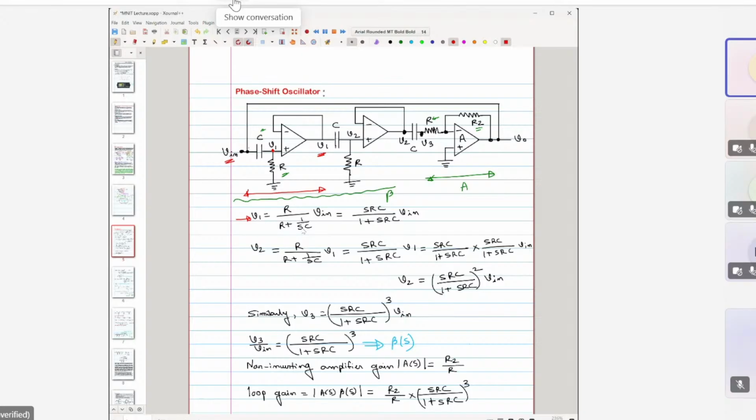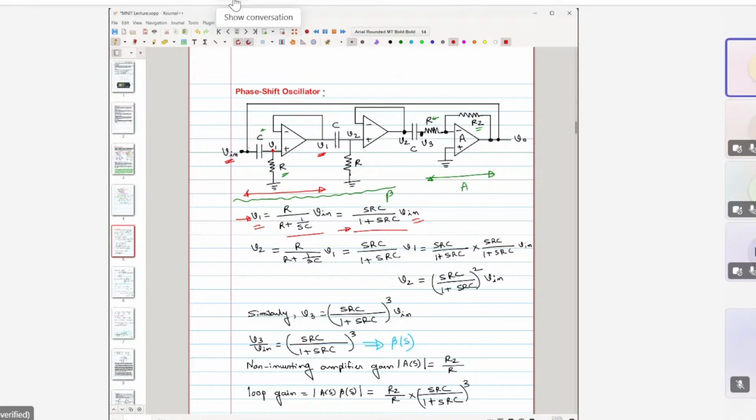So then S is j omega, so you can also write it as 1 by SC. So that's what I have written. R by 1 by SC plus R, right? Series combination into V in. So this can be easily written like this. So this is the relation between V in and V1.